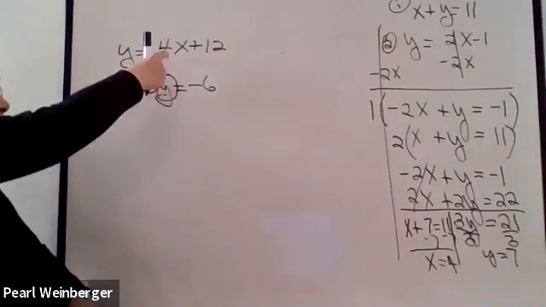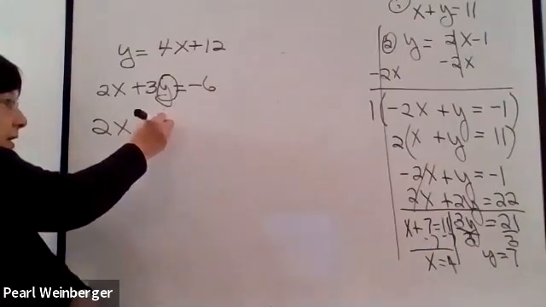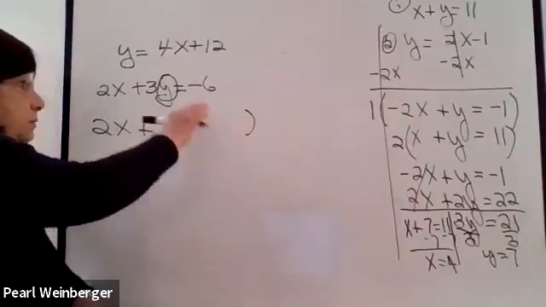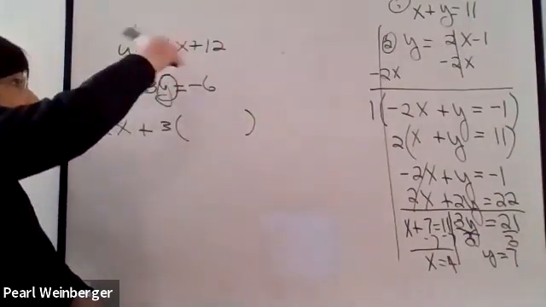Okay. In other words, you took out this y and you put 4x plus 12. Now we're going to have to put parentheses because there's a number in front of it. Replace it with 4x plus 12.